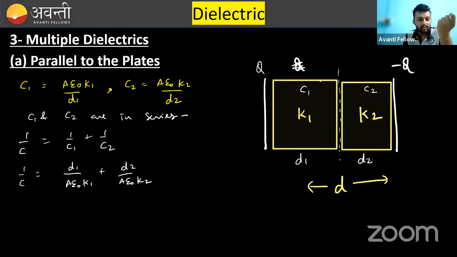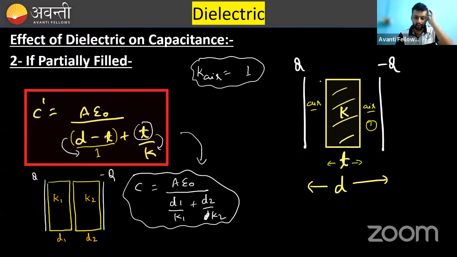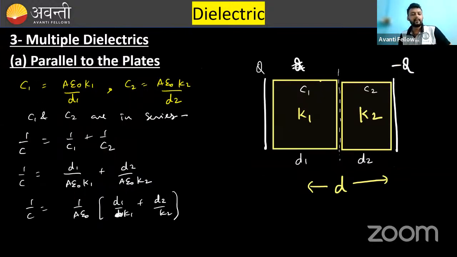You can take something common: 1 by C is equal to 1 by A epsilon naught, which is common, times D1 by K1 plus D2 by K2. If you calculate C, it will be reversed. So you can solve it out and we will get the same result as we have got here.